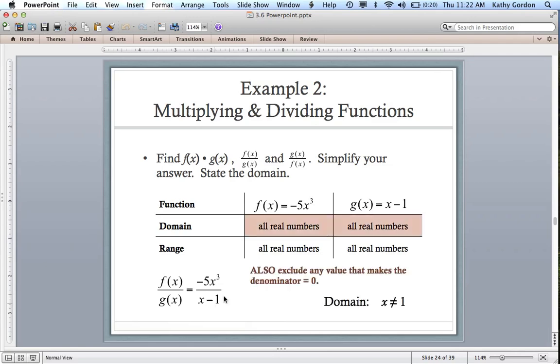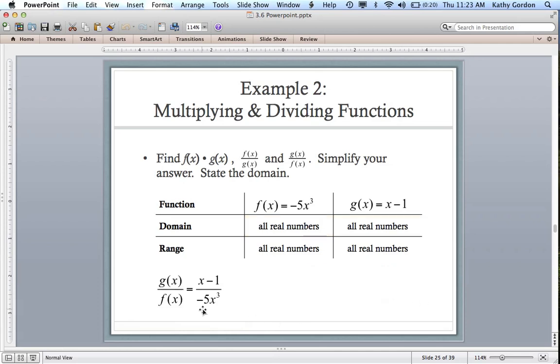So when you're trying to decide what your domain is going to be, you not only make the comparison here, but you also have to think about, is there any value that's going to make the denominator equal 0? And in this case, we can't use every single real number possible because an x of 1 is what will make the denominator 0. So we have to say the domain is everything except for 1, or you can just write x is not equal to 1. That implies everything else is possible for x, just not the 1.